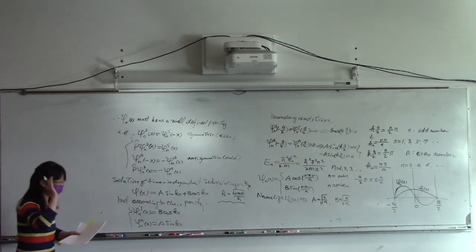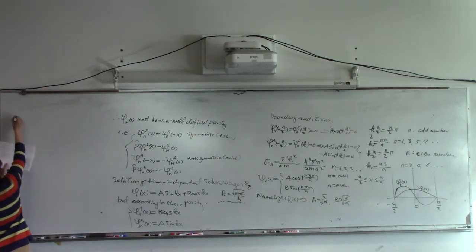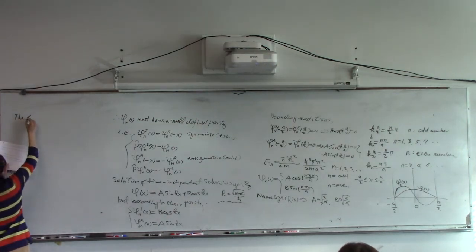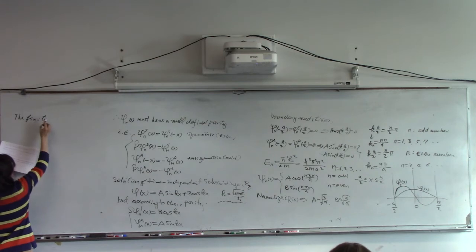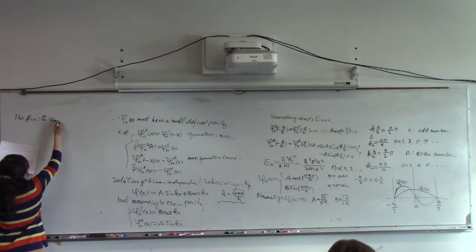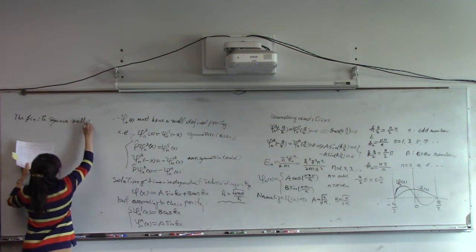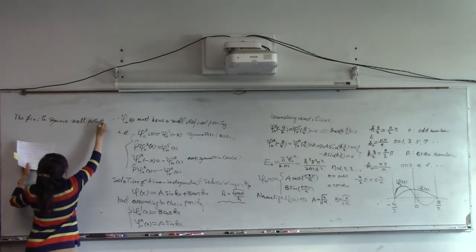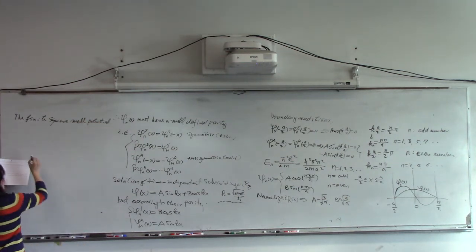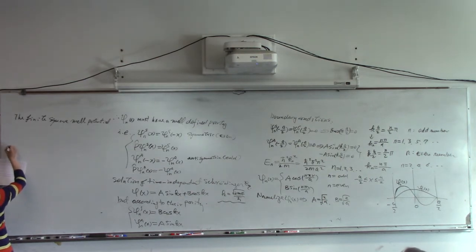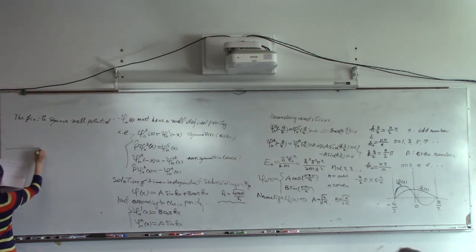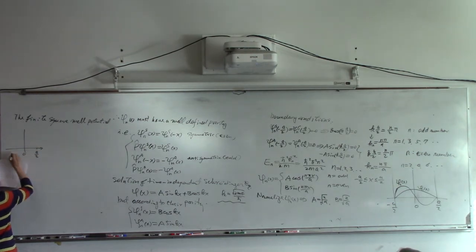Now we consider the finite case. How about the finite square well potential? The picture is like this, let's also take the symmetric one as an example.